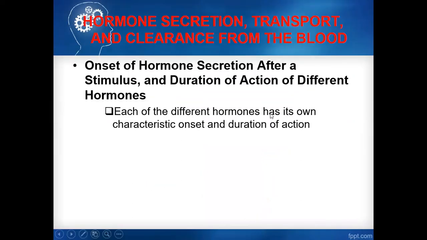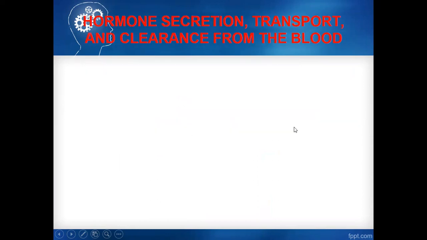Now, each of the different hormones has its own characteristic onset and duration of action, meaning the duration of the effect of that particular hormone varies depending on the type of hormone.